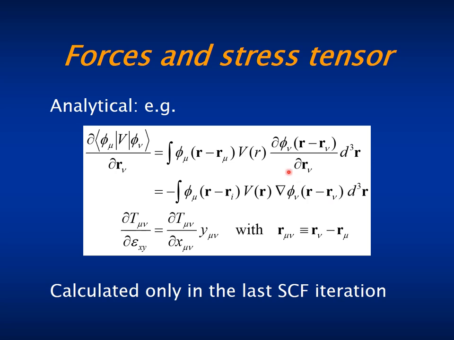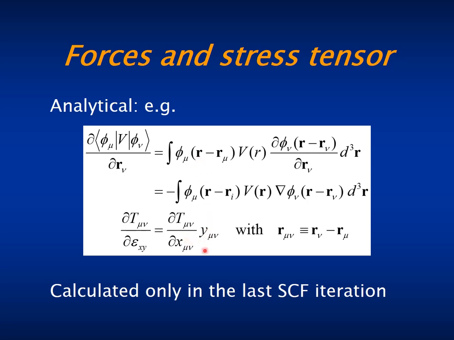This is important, or this contributes also to the forces, because when you move an atom, you also move the basis orbitals of that atom, and this contains some terms in the forces which are called Pulay forces, and in SIESTA they are calculated with the rest of the terms and included automatically in the forces and stresses.